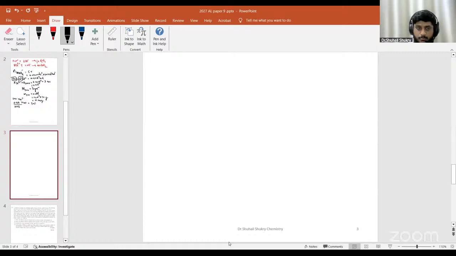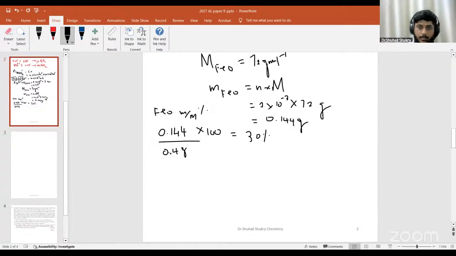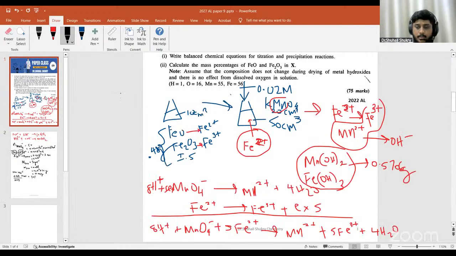Now you can see they have given a mass, 0.57 grams.